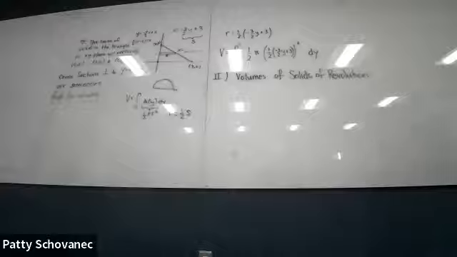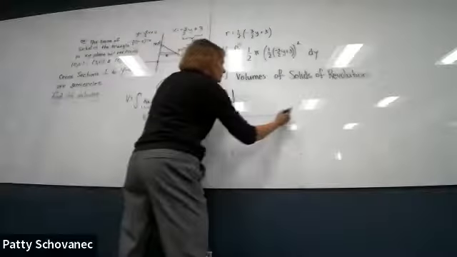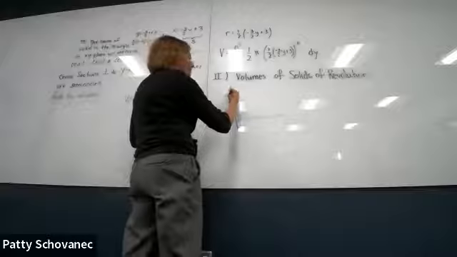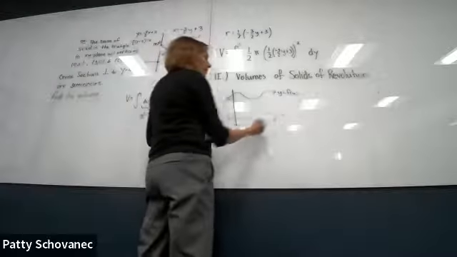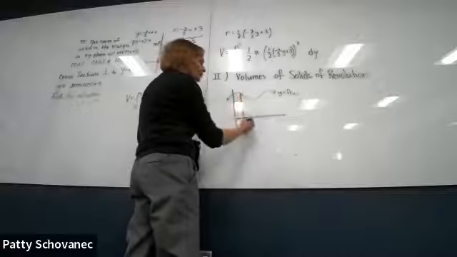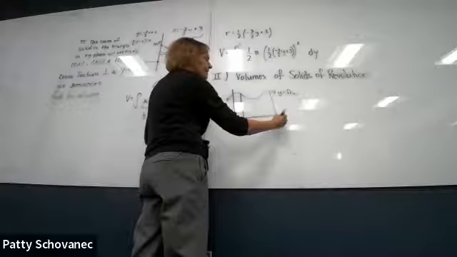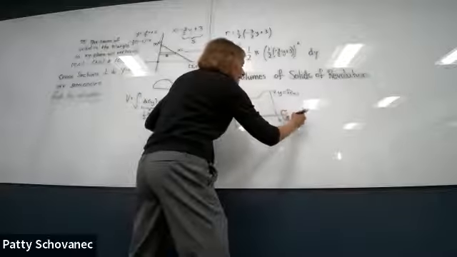So the first type will do something like this. We'll have a graph. Maybe a y is equal to f of x. And the x-axis bounded between two vertical lines. Take that little region there. And let's revolve it about the x-axis.